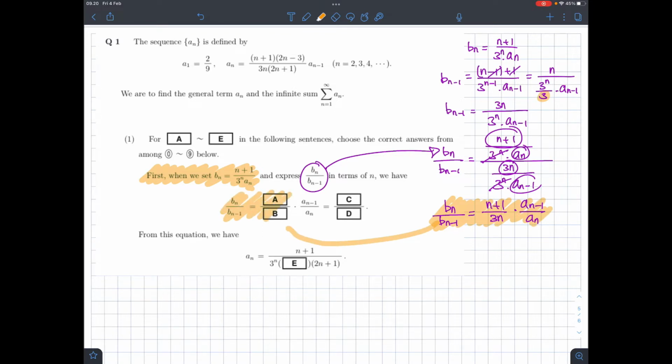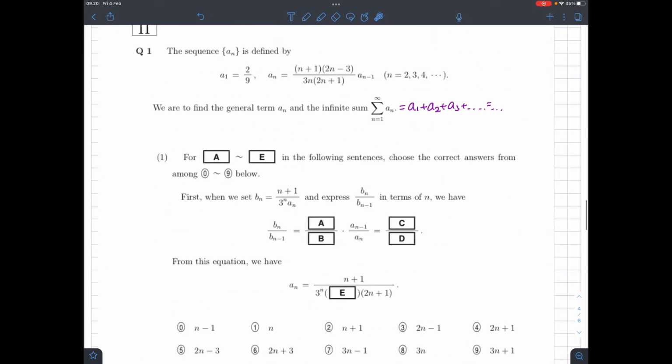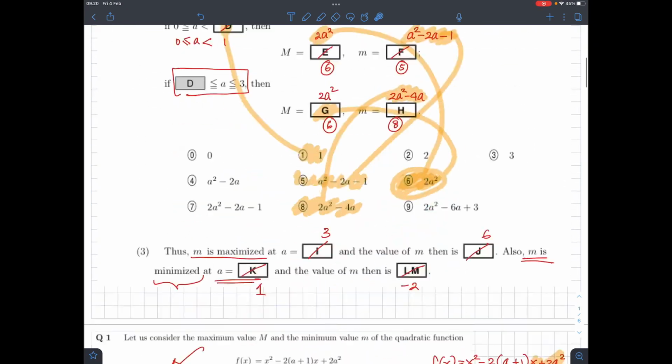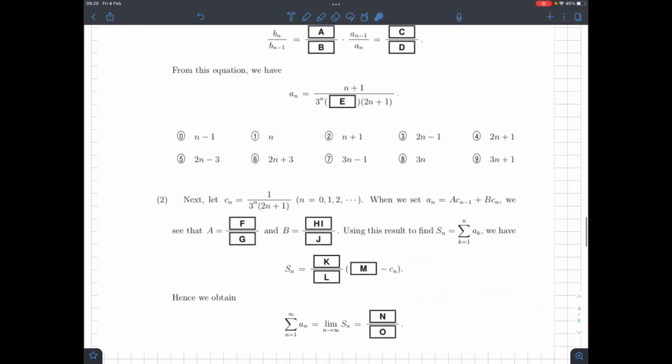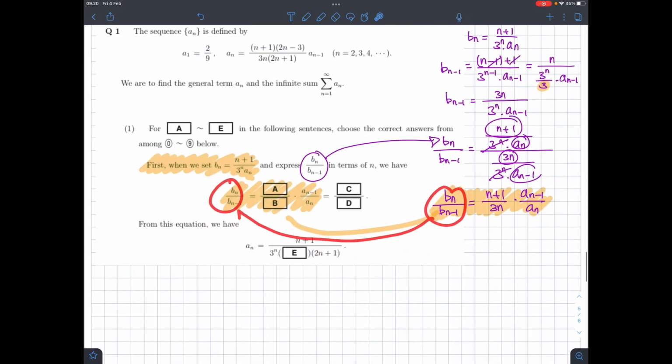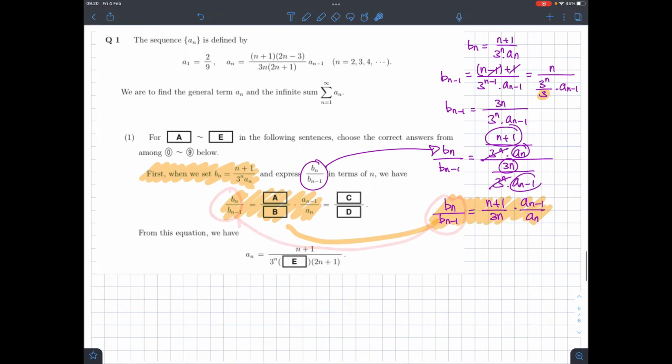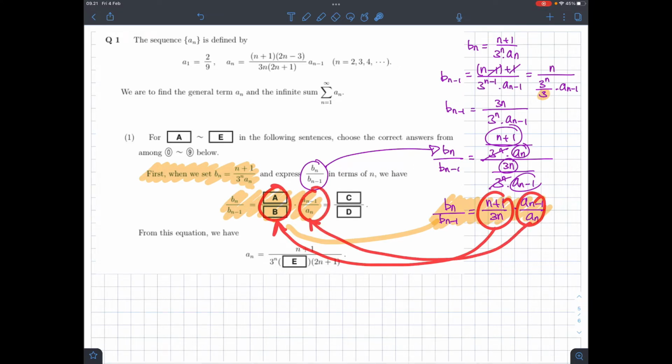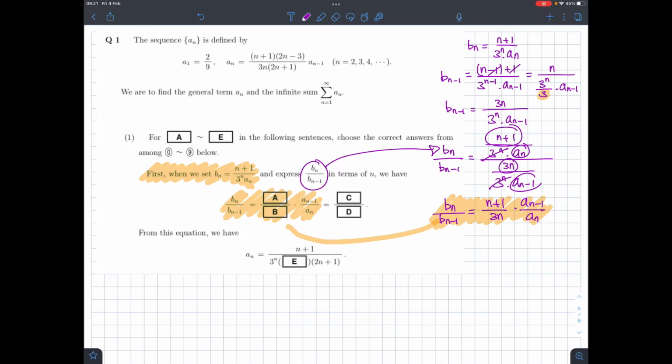So bn per bn minus 1 equals A per B, and this part equals this one. So we find that A equals n plus 1 and B equals 3n.